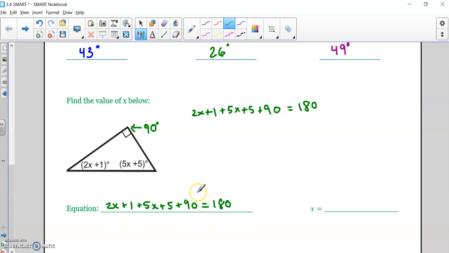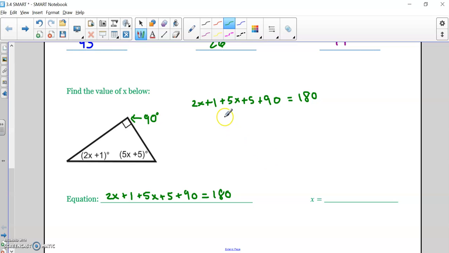However, if you are going to simplify your equation, which you can totally do, that's another even better way to have your equation, in my opinion, because you're going to have to simplify it anyway to solve. So what we can do is we can combine our like terms. The 2x and the 5x can combine to make 7x.